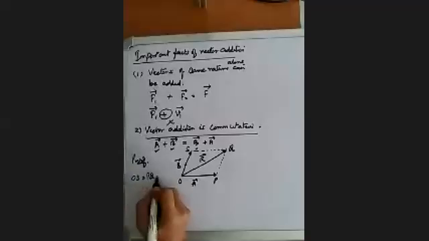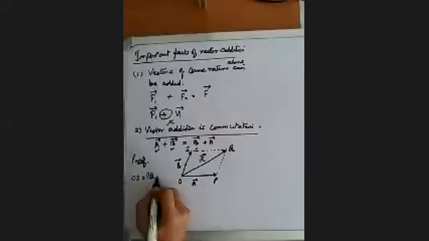In triangle OPQ, OQ vector is given by OP vector plus PQ vector by using the triangle law, because OP, PQ are in the same order. So OQ vector is equal to A vector plus B vector, because OP is A and PQ is B.